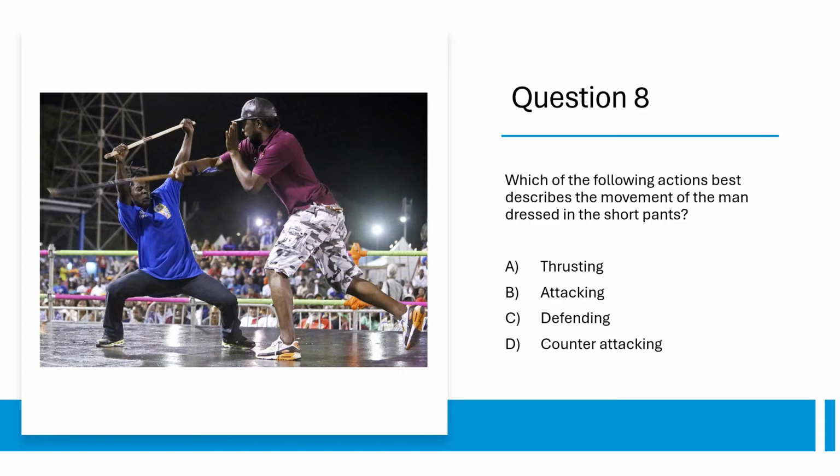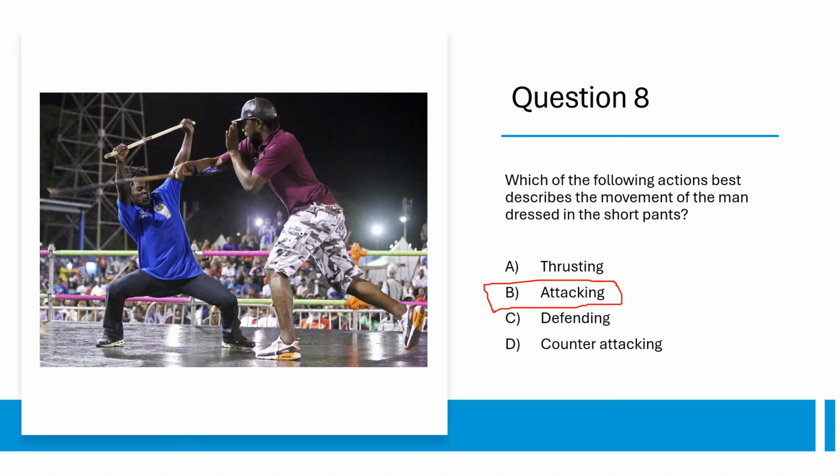If you look at the stance of his body, it tells you that he's lunging forward, and his hand is about to go over, just to show you that he is attacking. And so the answer would be B.